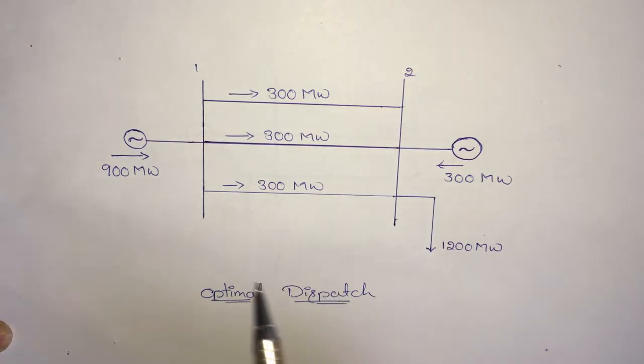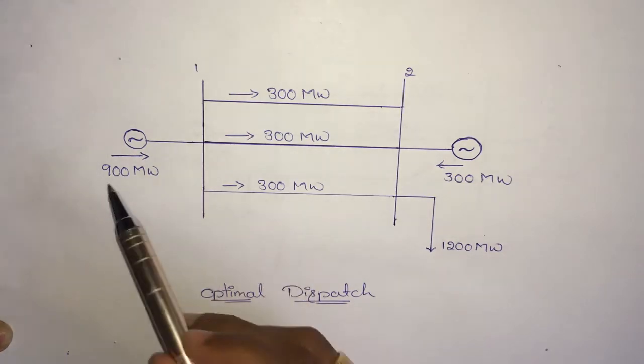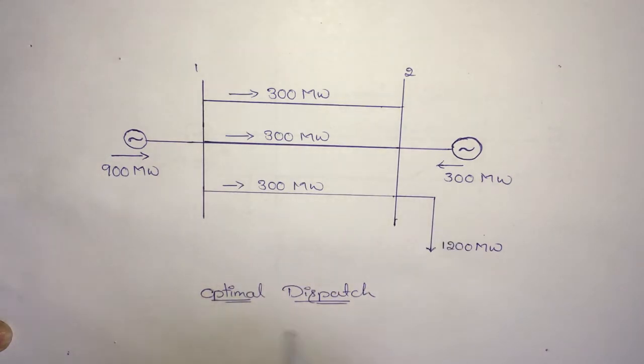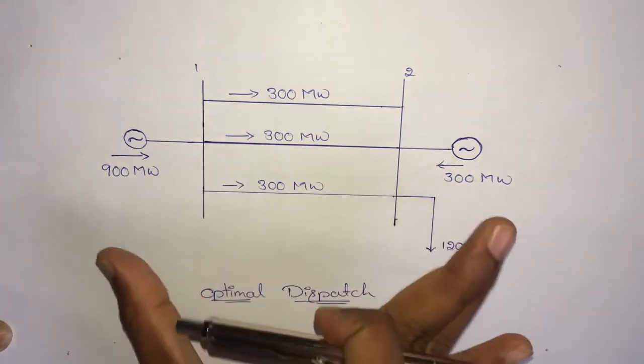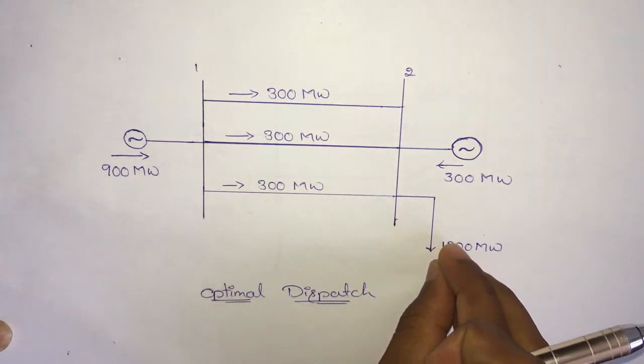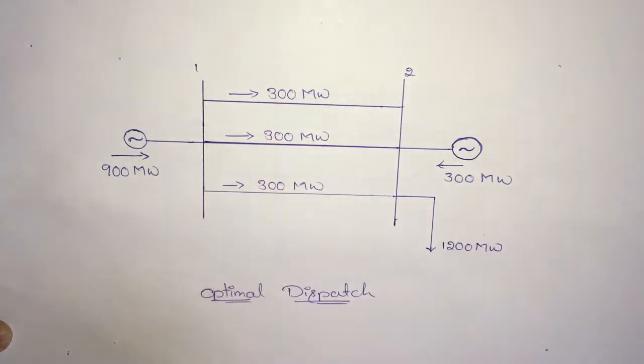And remember, we are not talking about any contingency, which means no fault has occurred. This is called optimal dispatch, when we have generation and the load is supplied in the economically optimal way of transferring power.